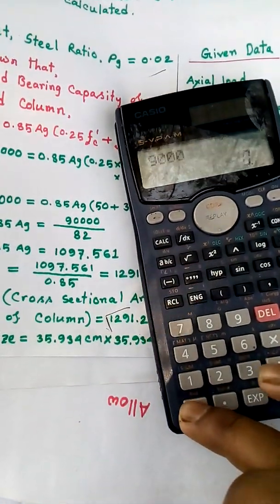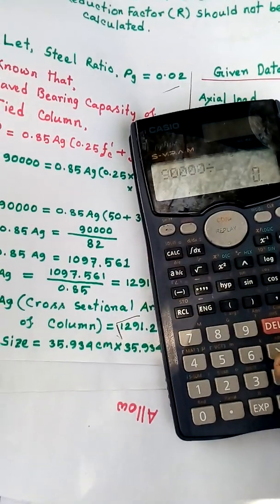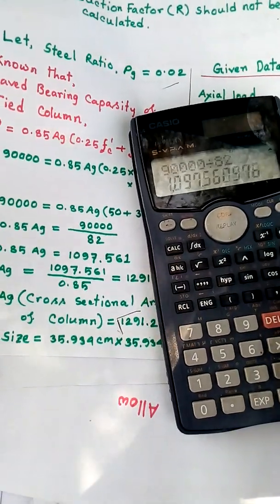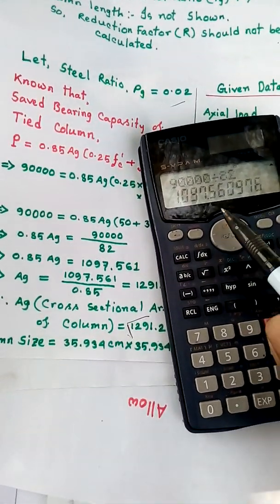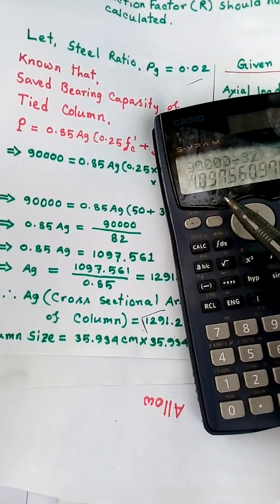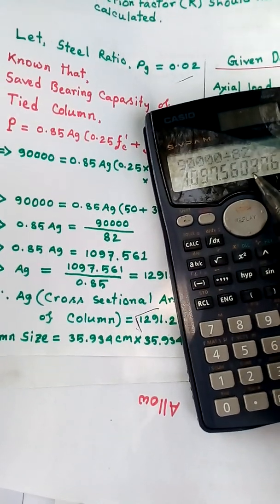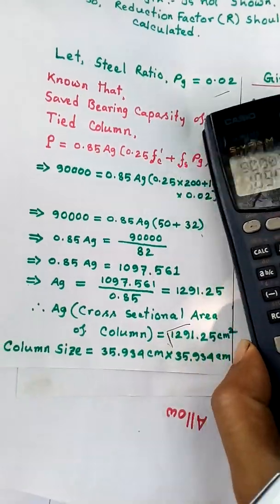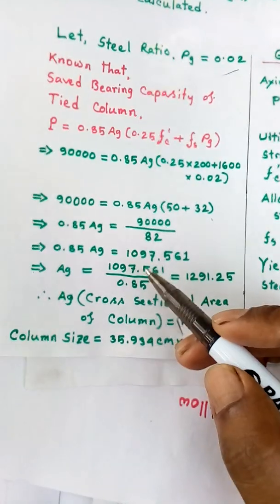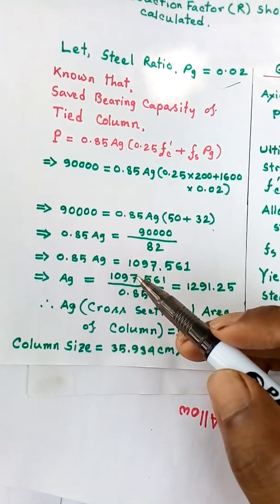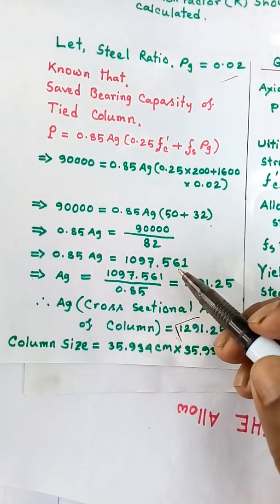90,000 divided by 82, we can get 1097.561.